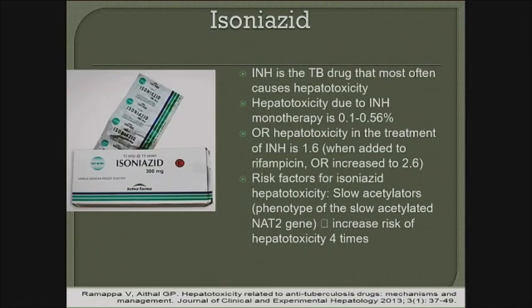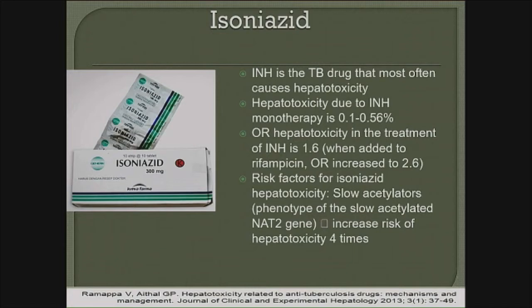Let's start with isoniazid. Isoniazid is the TB drug that most often causes hepatotoxicity, and with monotherapy, the hepatotoxicity is from 0.1 to 0.56%. The odds ratio of hepatotoxicity in the treatment of isoniazid is 1.6.